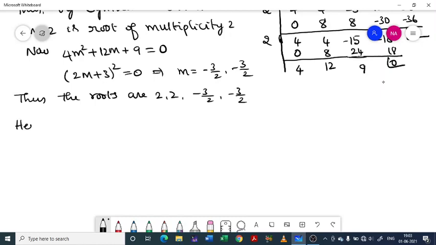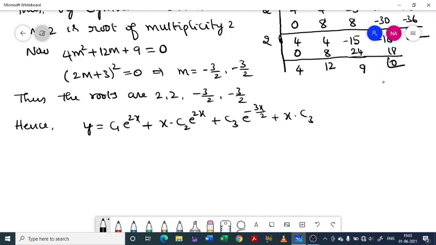Hence y equal to c1 e power 2x plus, you have repetition, right? x into c2 e power 2x plus c3 e power minus 3x by 2 plus x into c4 e power minus 3x by 2. So that completes the solution of this problem.